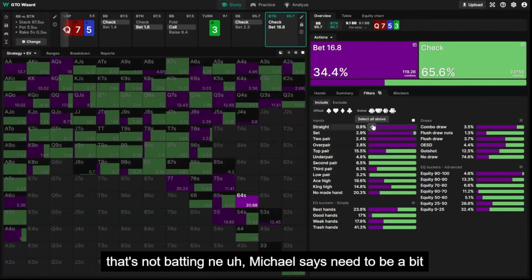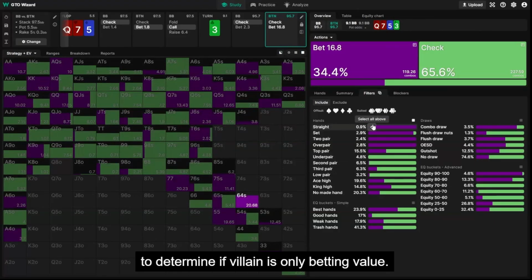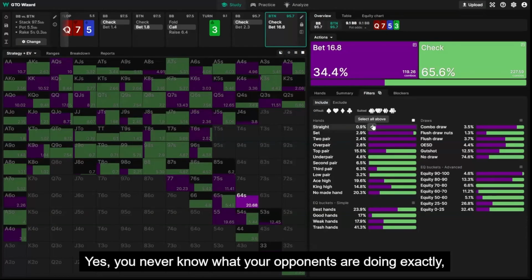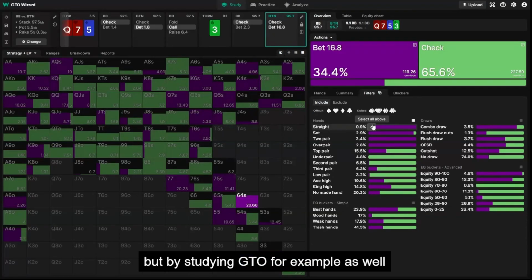Michael says, need to be a bit of a clairvoyant to determine if villain is only betting value. Yes, you never know what your opponents are doing exactly, but by studying GTO, as well as many other techniques, you can get a sense for what you didn't know before. A lot of the time you will look at GTO and be like, oh, I would have never guessed that this is how you have to play the spot.